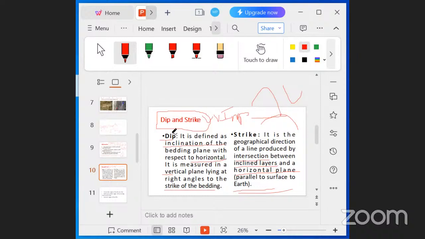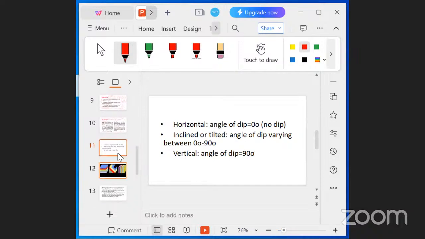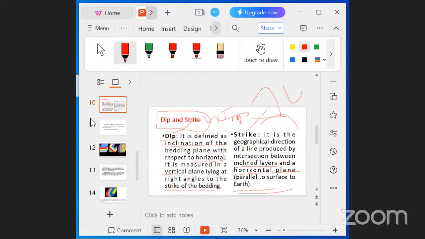So this is the definition of dip and this is strike. Dip and strike.